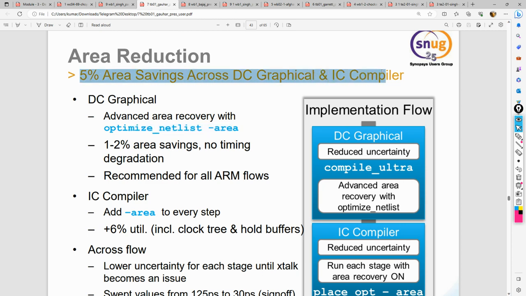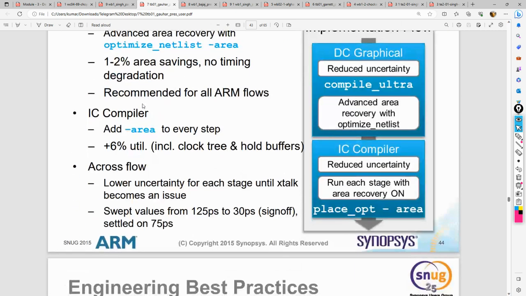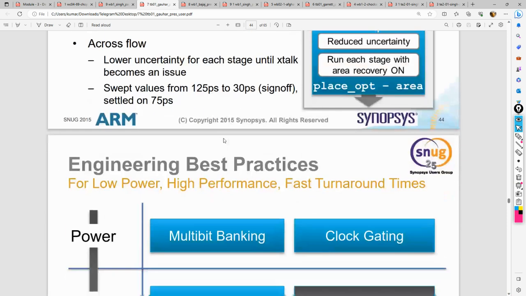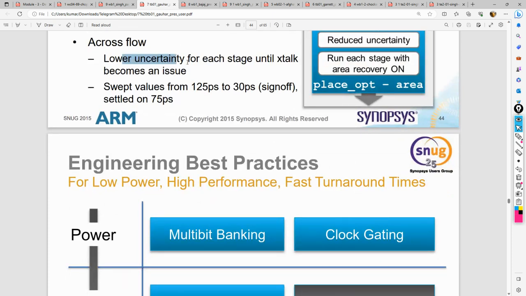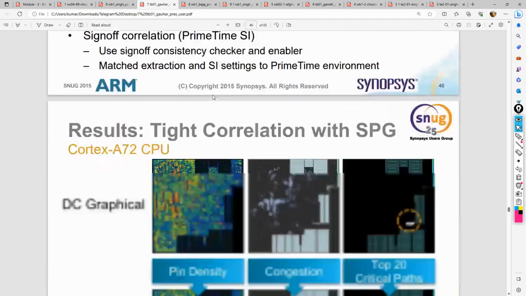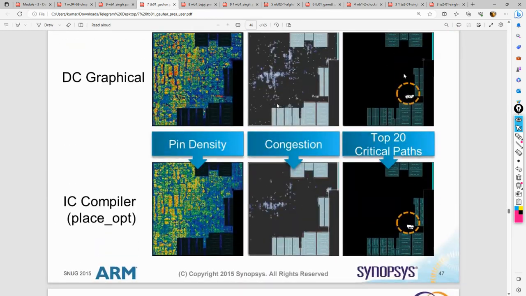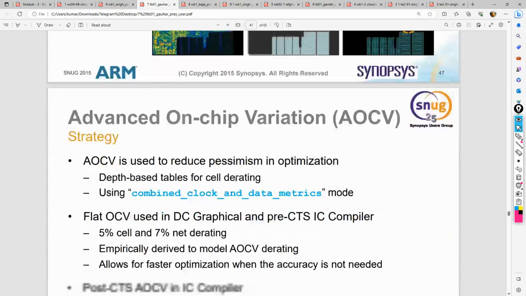So someone was asking, right? So area reduction, and then say hyphen area in each and every step gives about 6% utilization improvement. Okay. And there is something called clock uncertainty, so decide what are the right values and all of that. Okay. So how did they approach each and every stage?